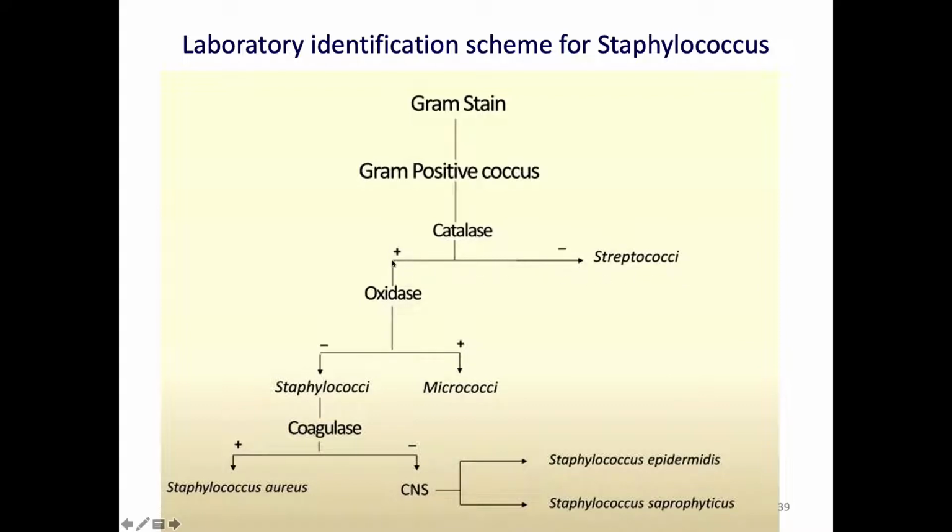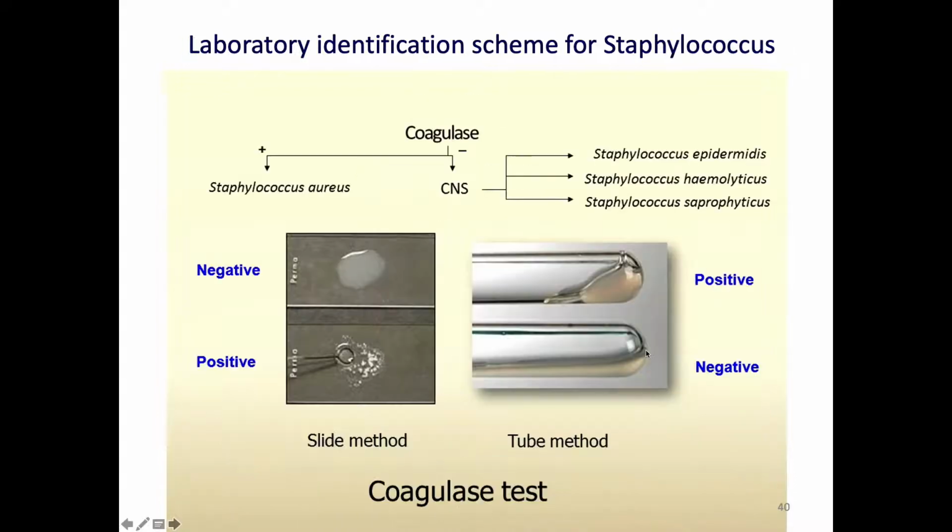After positive catalase test, we should perform oxidase test, and it should be negative if we have Staphylococci. Then we have to perform coagulase test, and if it is positive, we are having Staphylococcus aureus culture. If it is negative, this may be Staphylococcus epidermidis or saprophyticus.